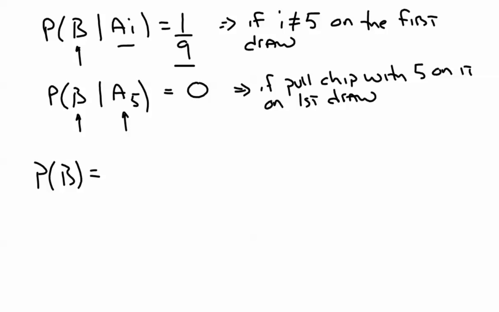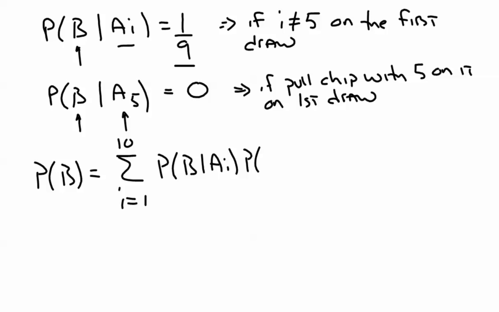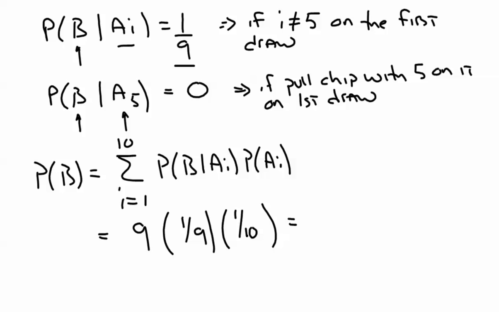The probability of pulling out a chip with a 5 on it on the second draw is a summation from 1 to 10 of the probability of B given A sub I times the probability of A sub I. And this is going to be 9 times 1/9 times 1/10, which is 0.1 or 1/10.